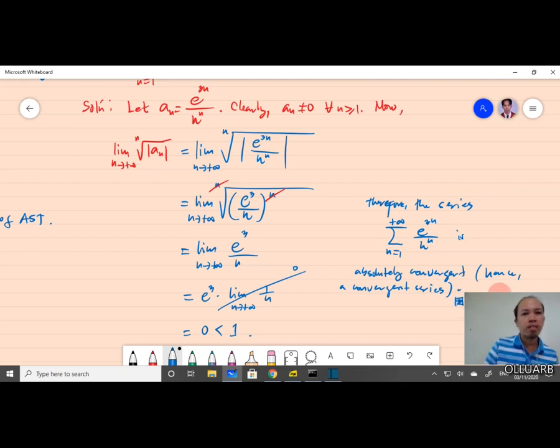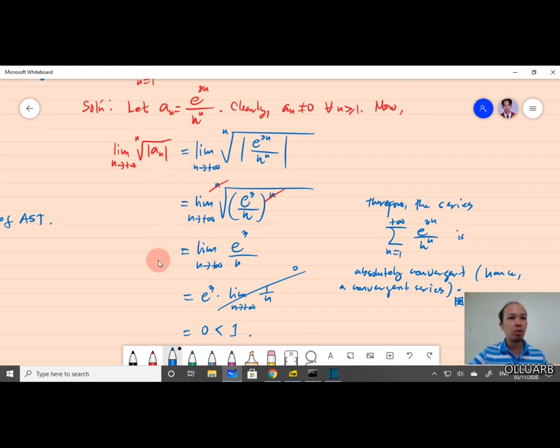Okay, so let's try to answer this problem using the ratio test, and we shall see that it is more convenient to use the root test than the ratio test.